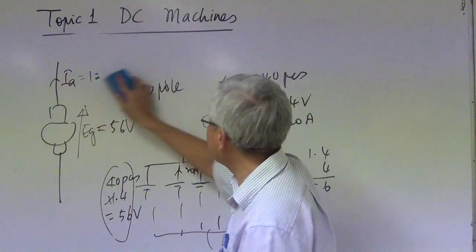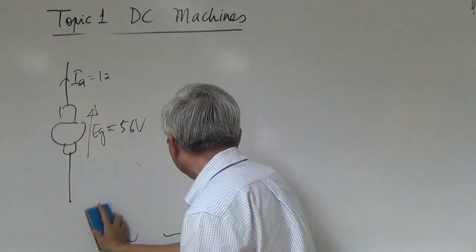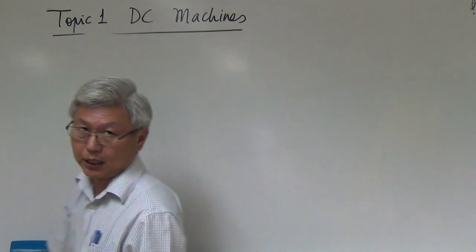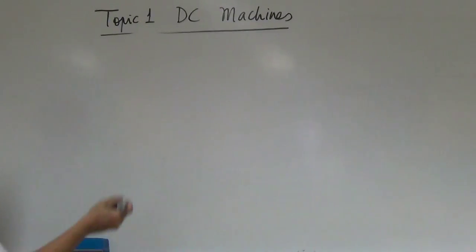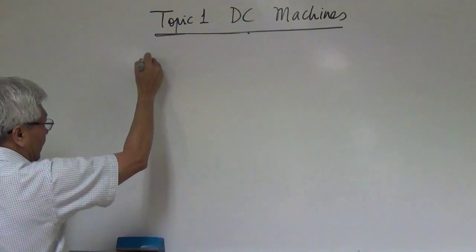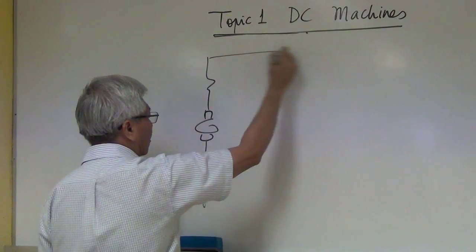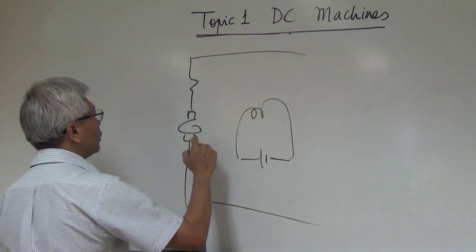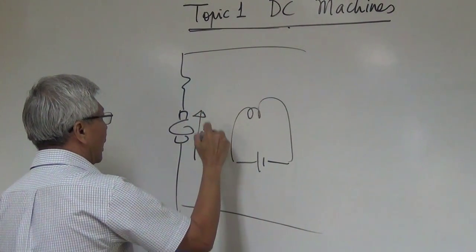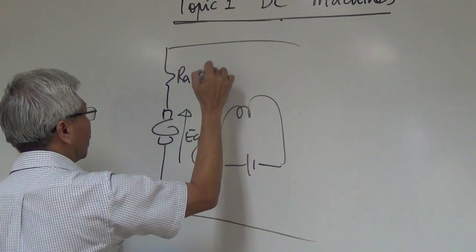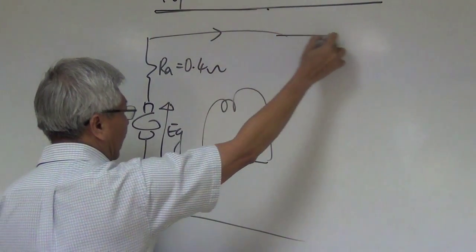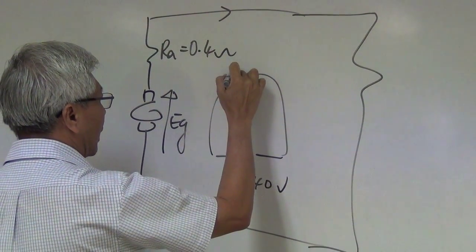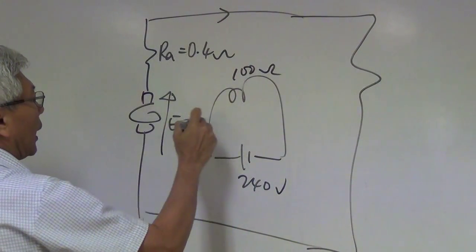Let us recap by doing some simple examples of this knowledge that we learned in the separately excited generator, to see whether you can still remember them. Okay, let's start off with this diagram. If I were to tell you that this is EG and RA is equal to 0.4 ohms, VF is equal to 240 volts, RF is equal to 100 ohms, and this is IF.